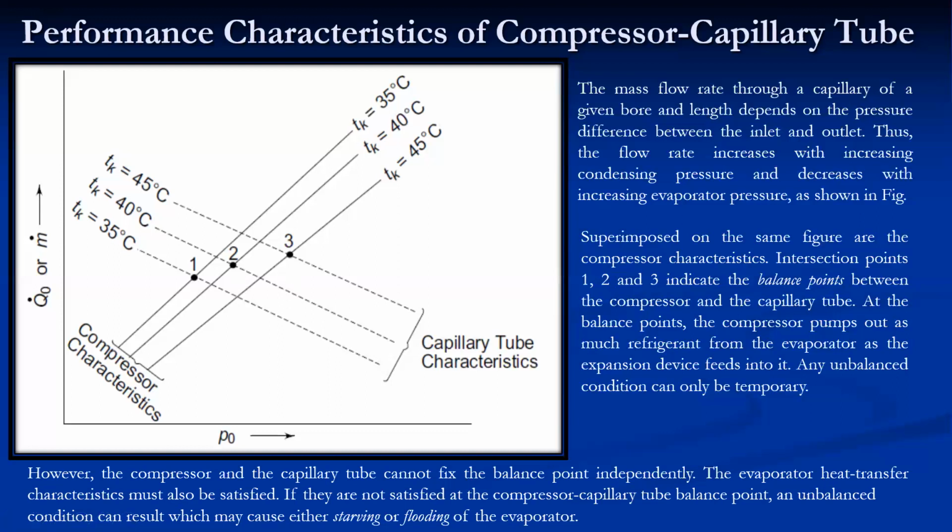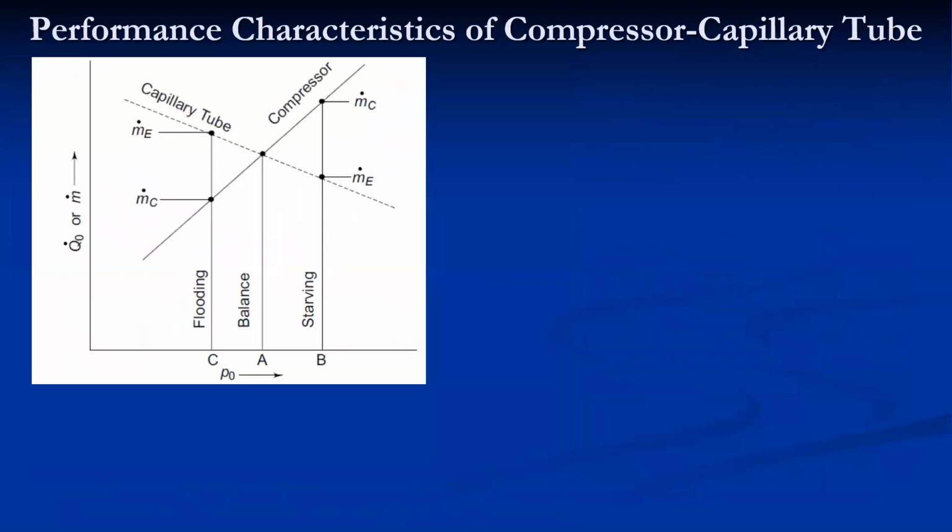So the evaporator should also support the behavior. If the evaporator heat transfer characteristic changes, then an unbalanced condition arises, and due to unbalanced conditions, there is a possibility of starving of refrigerant in the evaporator or flooding of refrigerant in the evaporator. Now we'll discuss what is meant by starving and flooding.